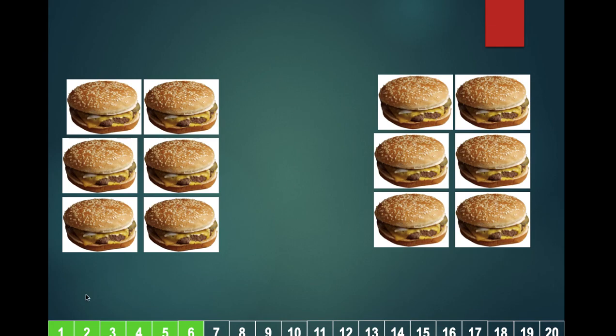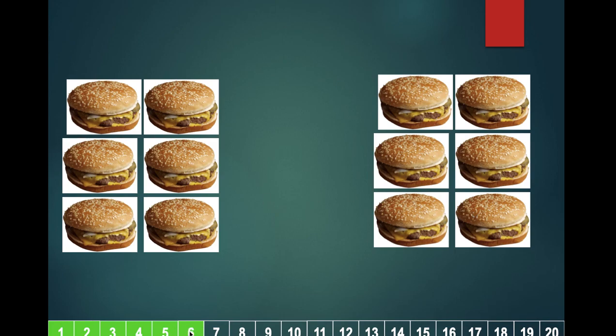So here we had 6. When I double this, I got one more batch of 6 burgers. Yeah? So let's count how many are there totally. 1, 2, 3, 4, 5, 6, 7, 8, 9, 10, 11, 12. Now let's mark on our number line.